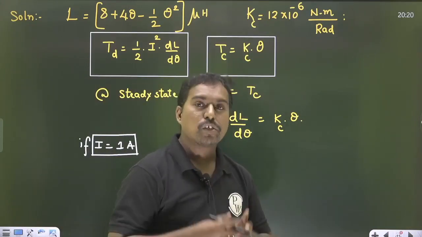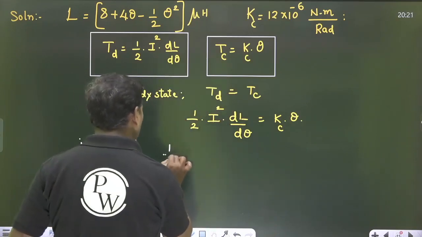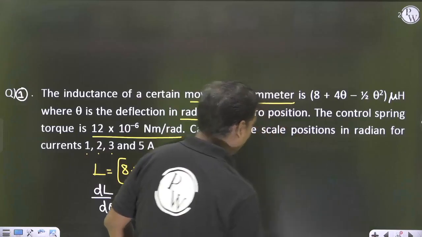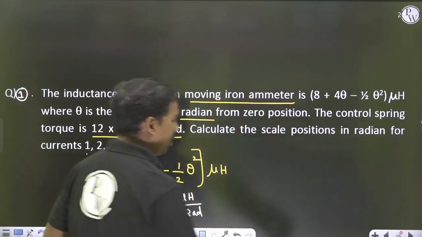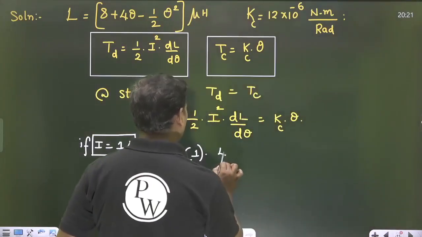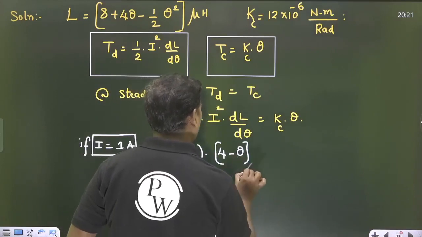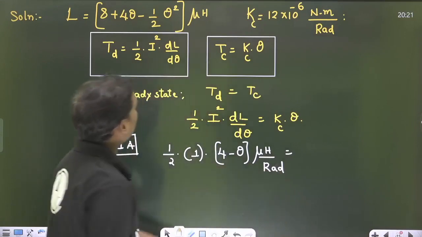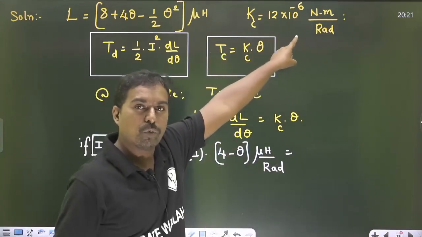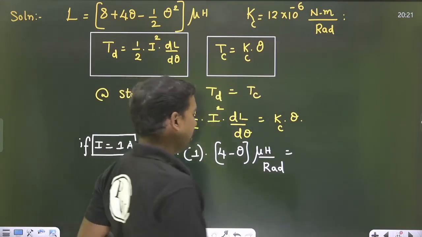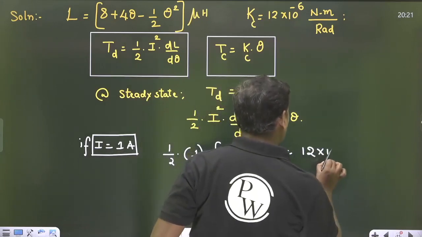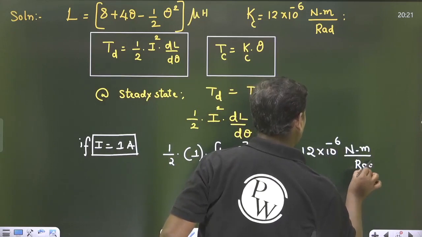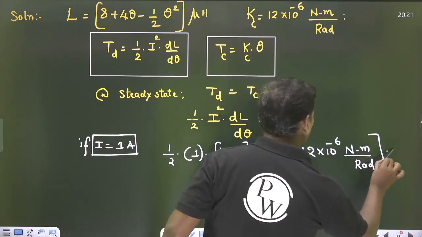I take 1 by 2 into 1 square into dL by d theta, which is 4 minus theta microhenry per radian, equal to Kc, 12 into 10 power minus 6 Newton meter per radian, into theta.